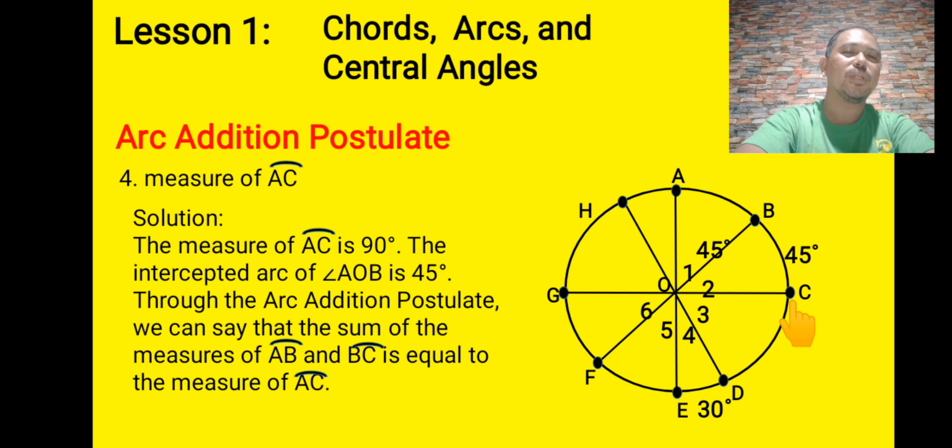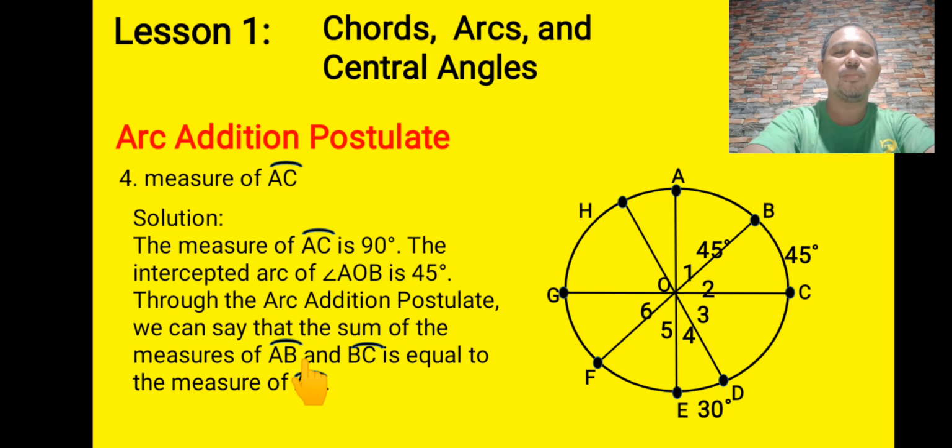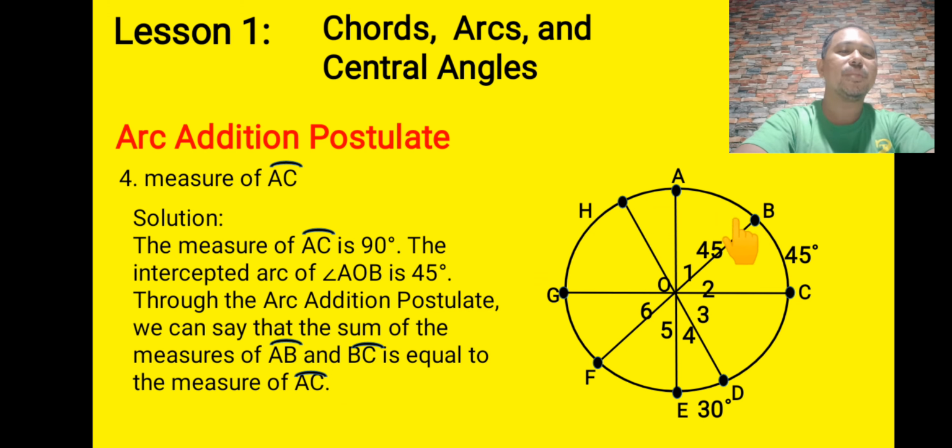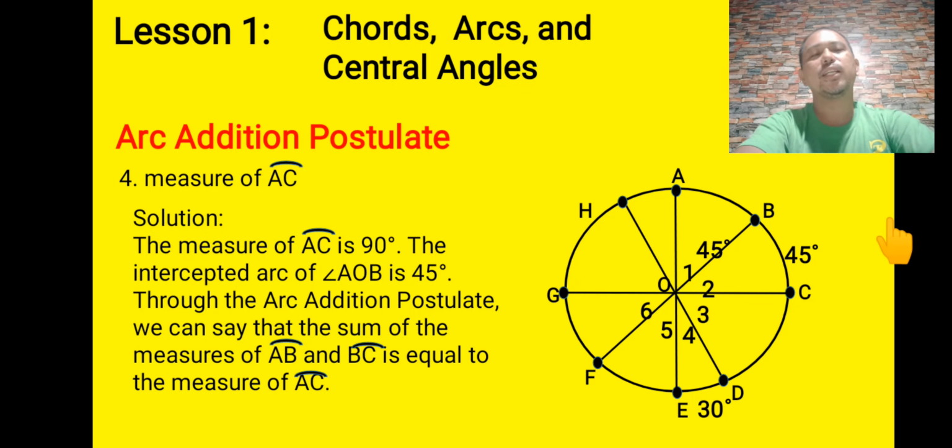Okay, as we discussed in the arc addition postulate, the sum of the measures of arc EB and arc BC is equal to the measure of arc EC. Now what is the intercepted angle of arc EB? Which is 45. Another 45, and the sum of 45 and 45 is 90. Okay? Clear?